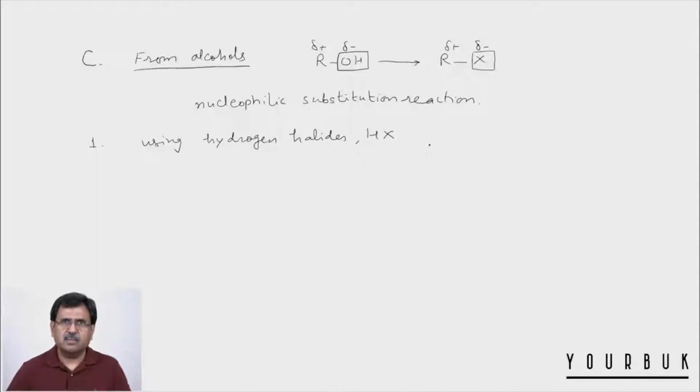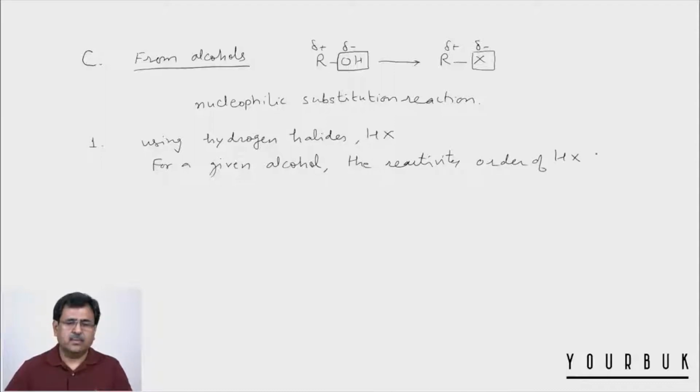Now again HX can be HCl, HBr, HI, and for a given alcohol the reactivity order of the hydrogen halides follows this: HCl, HBr and HI, and the acidic strength of the hydrogen halides also follows the same order. So acidic strength also increases in this order.